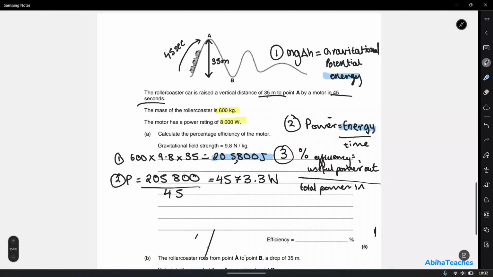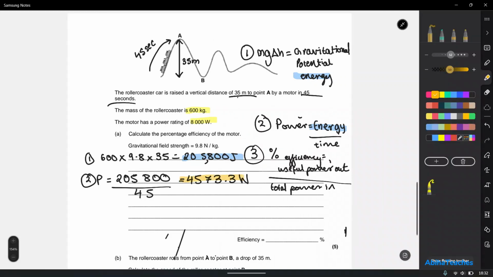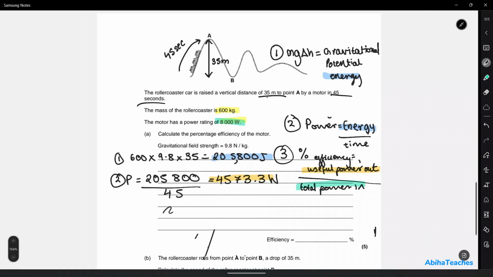So the useful power, this value here, I'm going to substitute into this part of the formula, and then for the total power they've given it to us over here. So using all the data, let's work it out. We need to multiply by 100 to get it in percentage, and that gives us 57.17% or 57.2%.